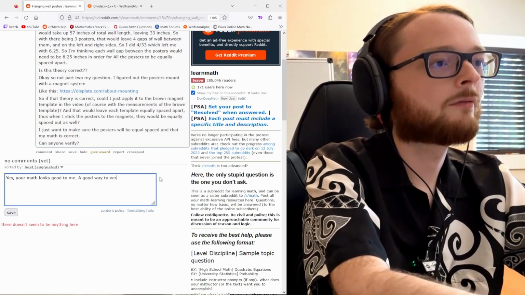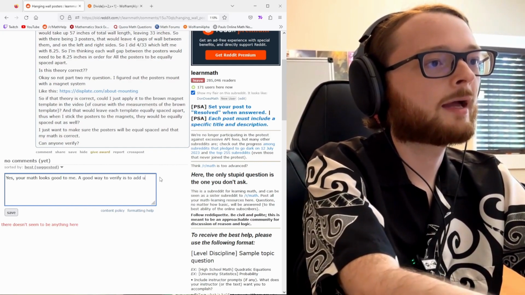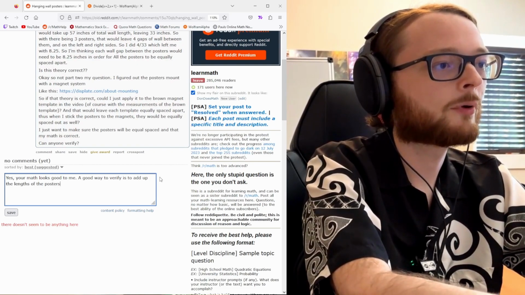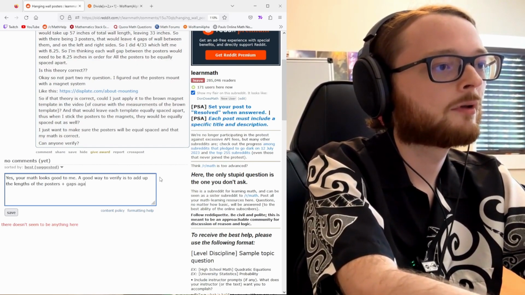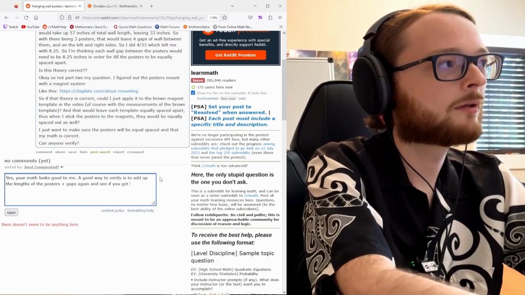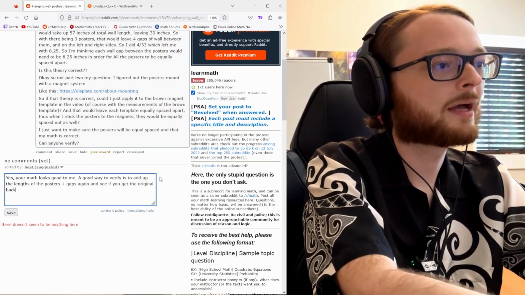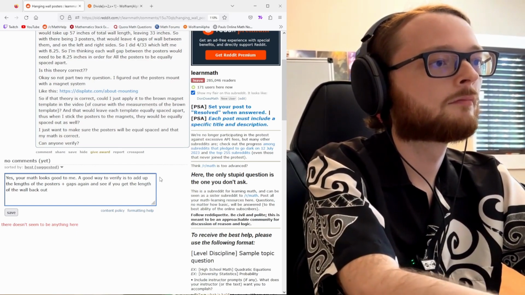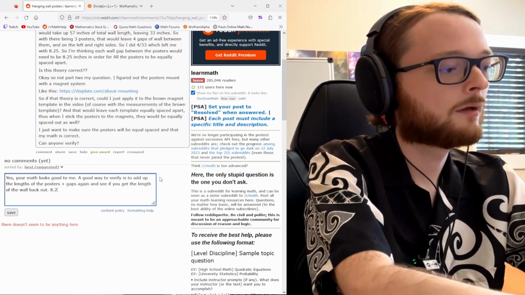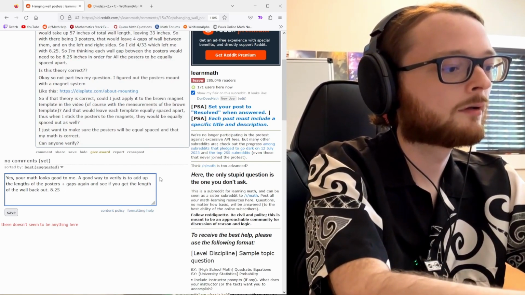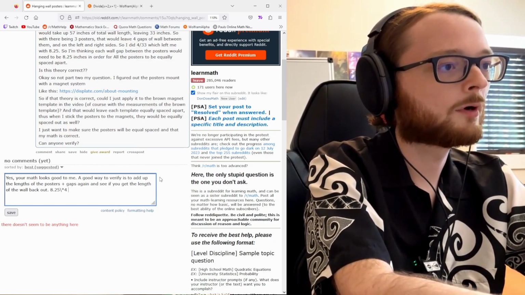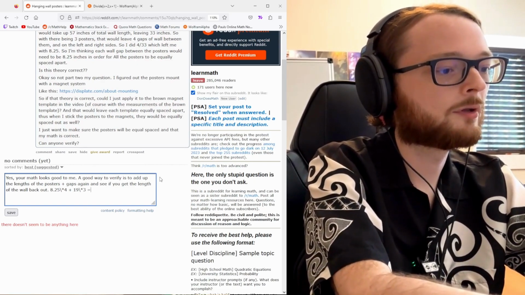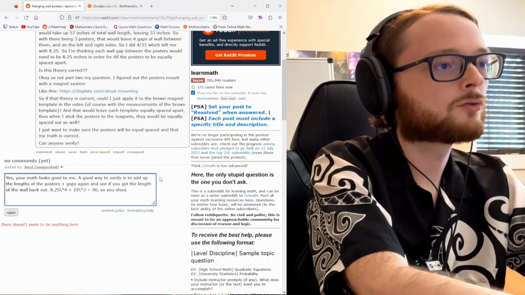A good way to verify is to add up the lengths of the posters plus gaps again and see if you get the original back, or if you get the length of the wall back out. 8.25 times 4 plus 19 times 3 is equal to 90. So you should be okay.